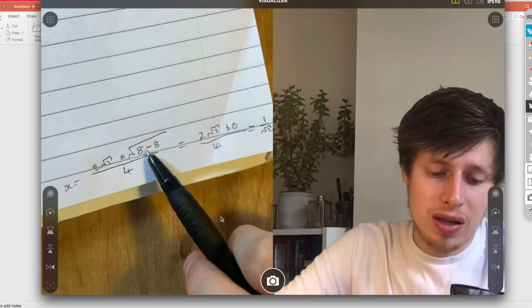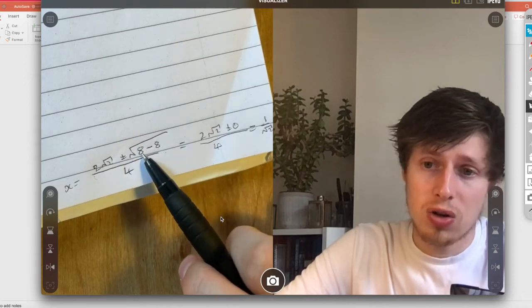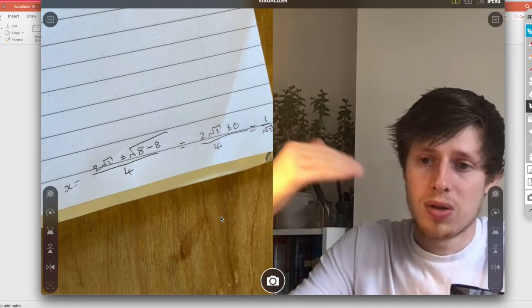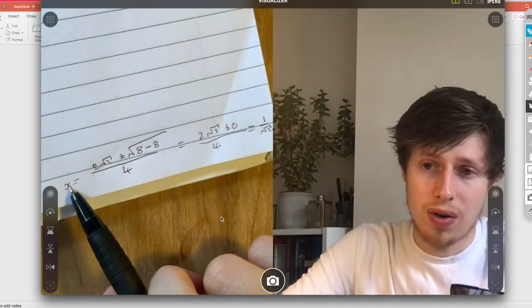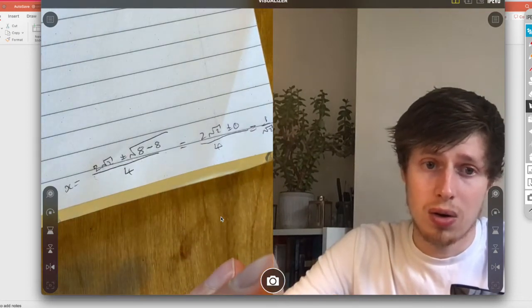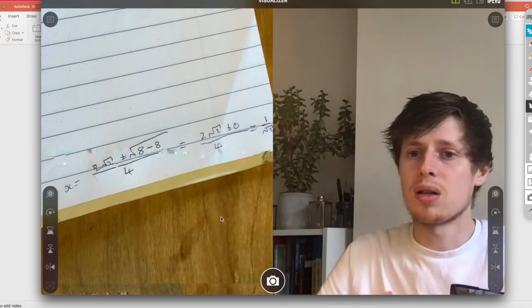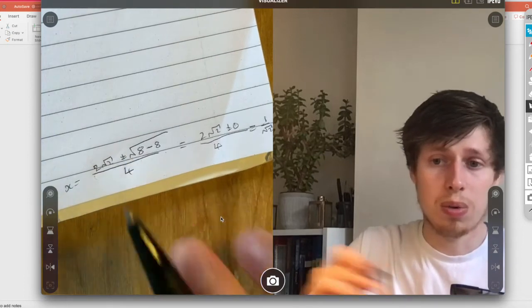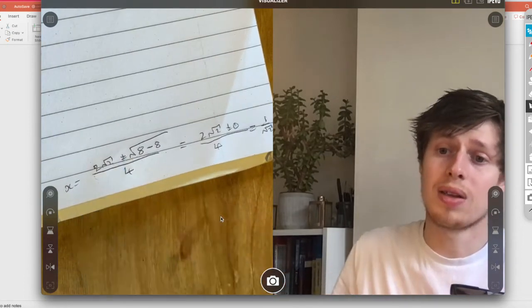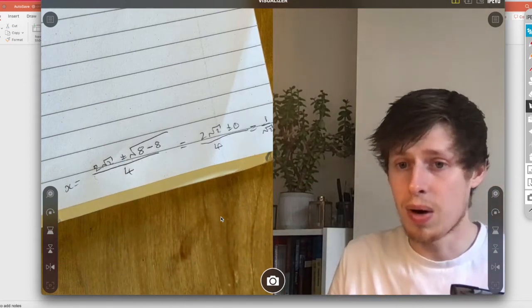And if this discriminant is non-zero, then you have two different numbers, corresponding to you adding or taking away a non-zero number to get the two different values of x. Remember, plus or minus is basically saying we have two different numbers that x could be. One is where you take this symbol as the plus, and the other is where you take it to be the negative. That's why it's called plus or minus.